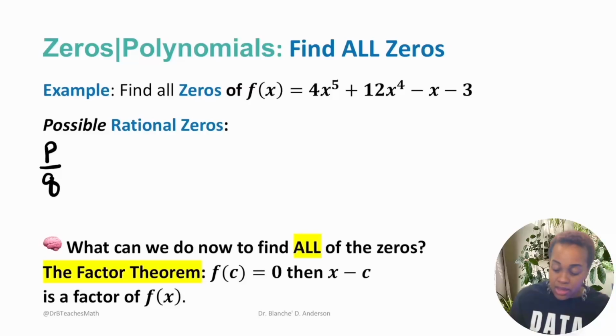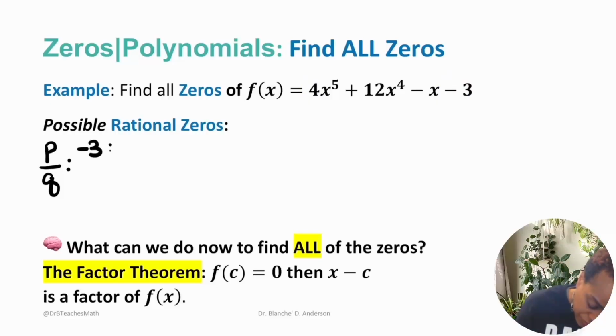And the P represents the constant term. So we take the constant term and find its factors, and we divide it by the leading coefficient and its factors. So let me write it this way. We have -3, and I'll put 4.